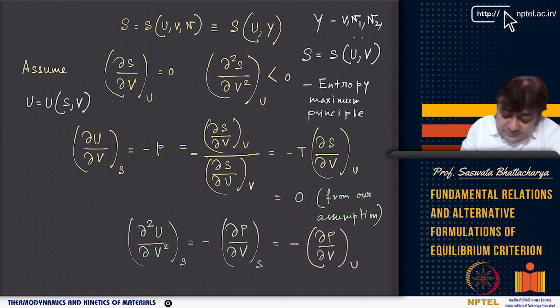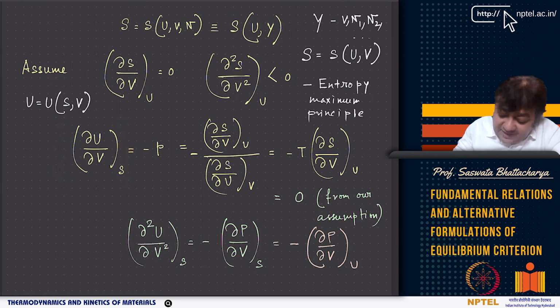Now as you can see, del U del V at fixed S is equal to minus P, because dU is minus P dV. So del U del V at fixed S is definitely equal to minus P. Now look at this term.